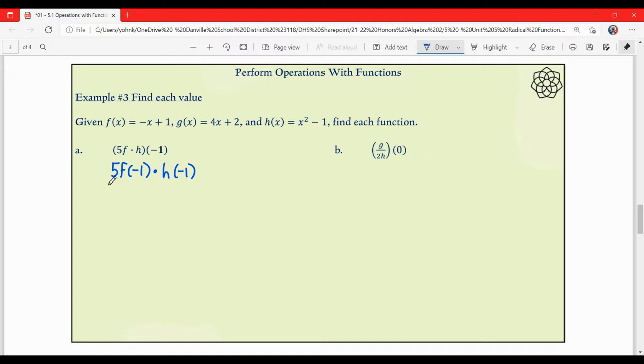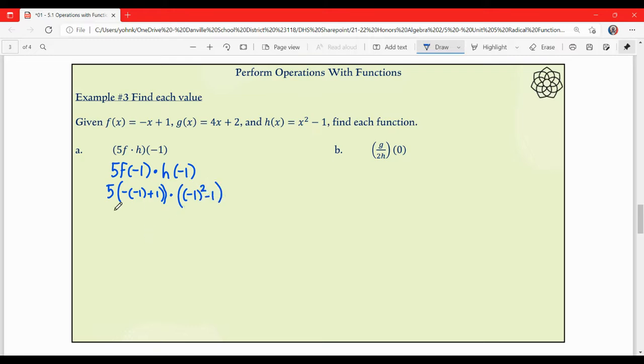So 5 times, go to your f function, I'm going to plug in a -1, and then I'm going to do the same thing for the h function. I'm going to plug in -1, -1 squared minus 1.